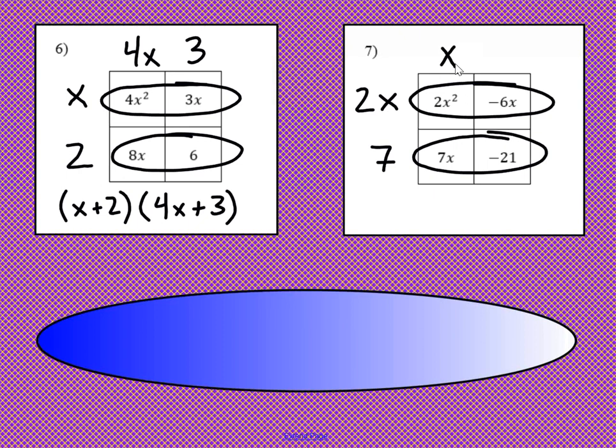It has to be a negative 3. So my final answer is going to be 2x plus 7 and x minus 3. I'll give you a hint. If you have a negative number touching the border here, you should have a negative answer. So notice I have a negative 6 and I have a negative 3 as part of my answer.